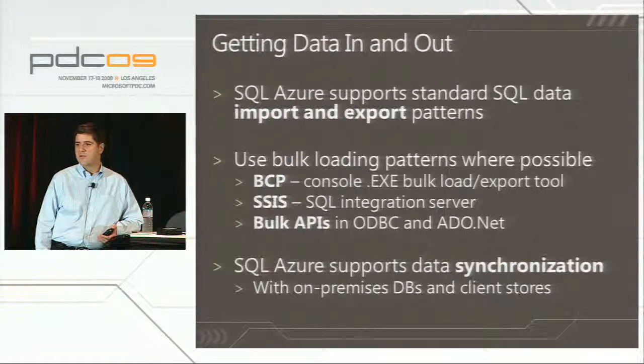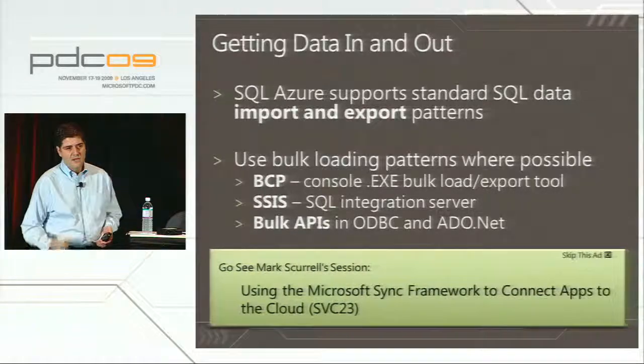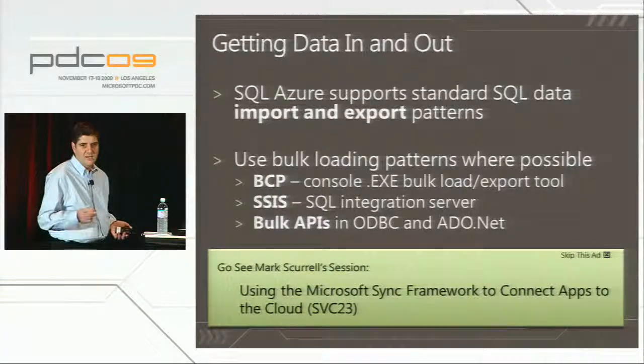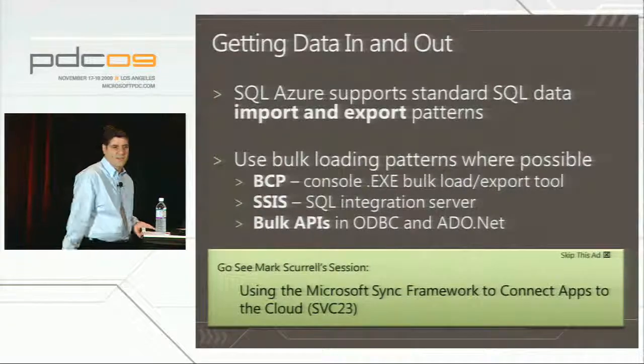SSIS also works for getting data in and out. And we support the data synchronization. So if you have to do on-prem, off-prem, synchronization is a good way to go. And there's a session on synchronization on Thursday, last session of the day by Mark. And that's a really good session for figuring out how to get data in and out.